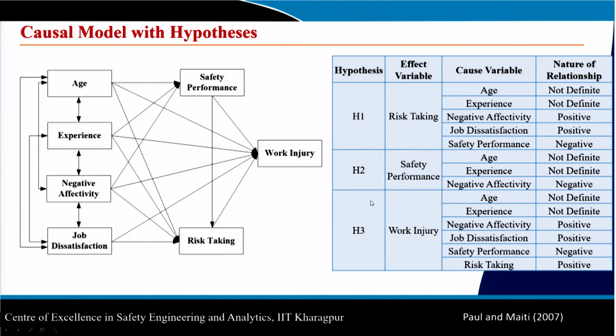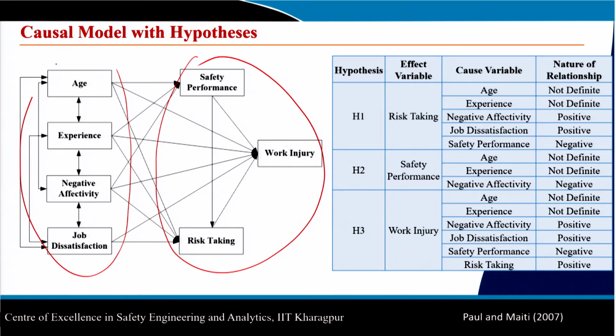Now, the variables you have already seen in my last lecture, these variables we have considered, and we have developed a hypothetical model like this, where you see three endogenous variables and four exogenous variables, and that work injury is the safety outcome variable, which also depends on two other endogenous or dependent variables like safety performance and risk taking, that I discussed in the previous class also.